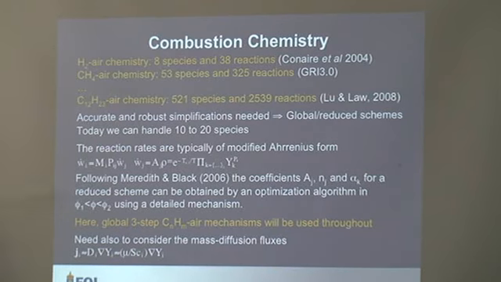We have adopted one approach from Meredith and Black, in which they have a detailed reaction mechanism, and they use some kind of optimization algorithm to reduce this detailed mechanism into a much, much simplified mechanism. That appears to be a reasonably okay approach, but then you're limited to rather narrow ranges of equivalence ratios.